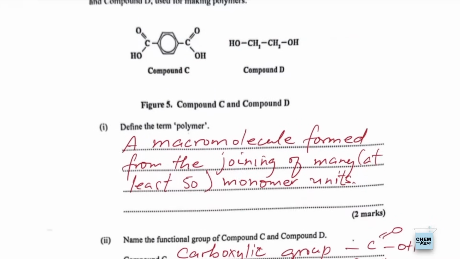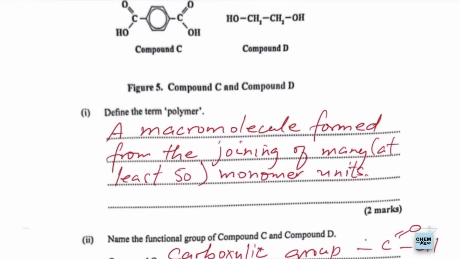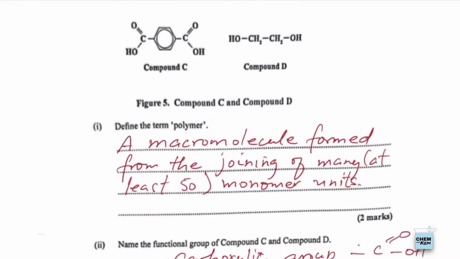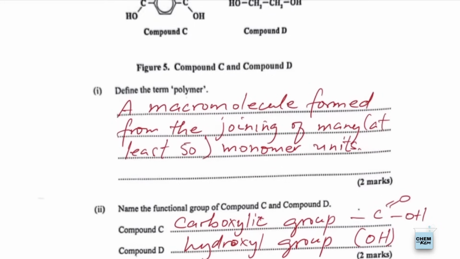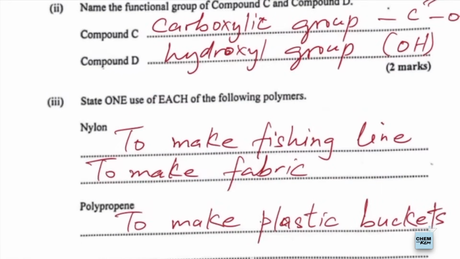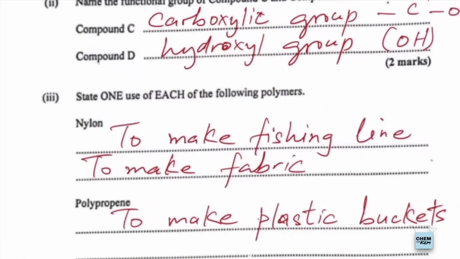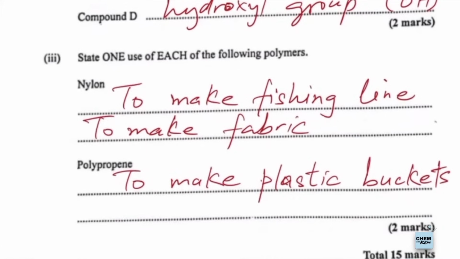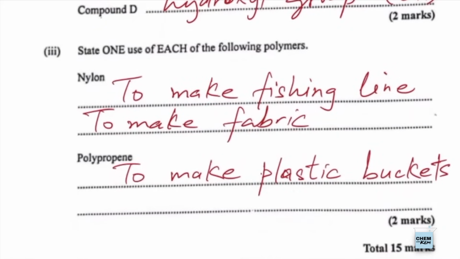The functional groups of compound C is the carboxylic group, that's COOH, and then the hydroxyl group OH from compound D. One use of each of the following polymers: nylon can be used to make fishing line, also used to make fabric. Polypropylene we use to make plastic buckets.